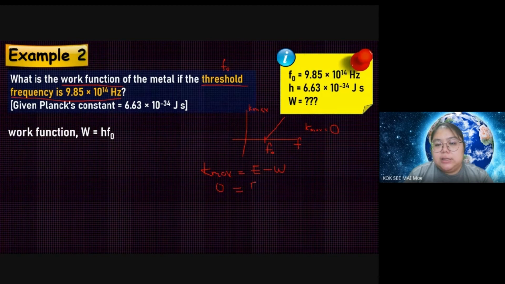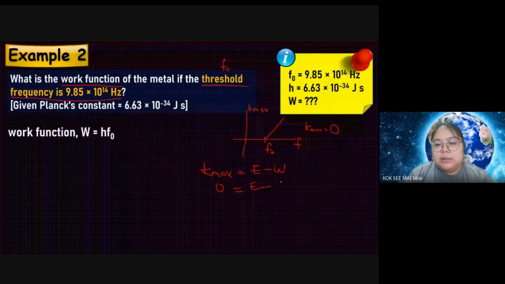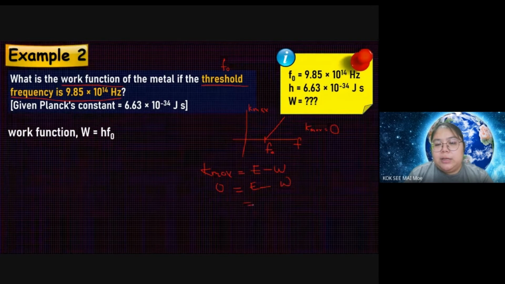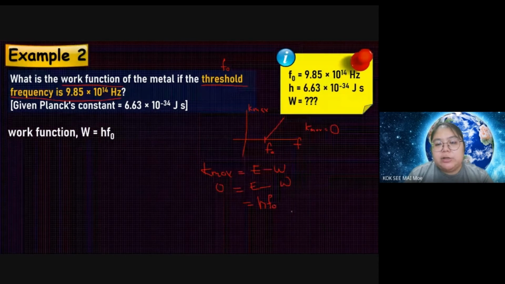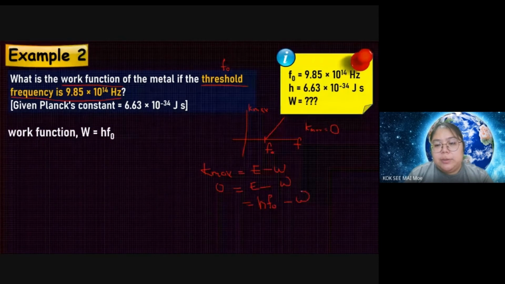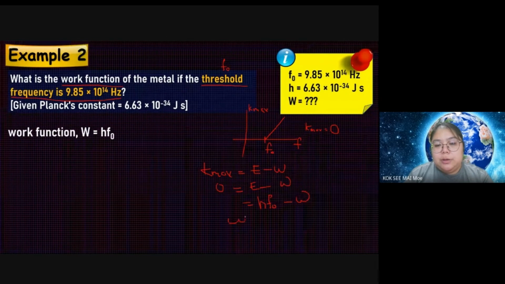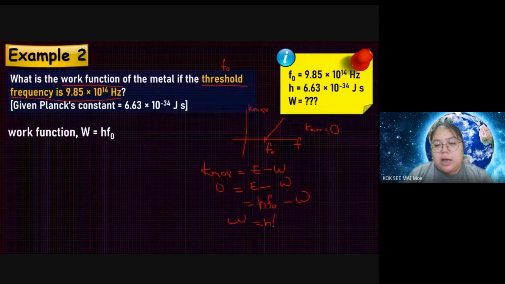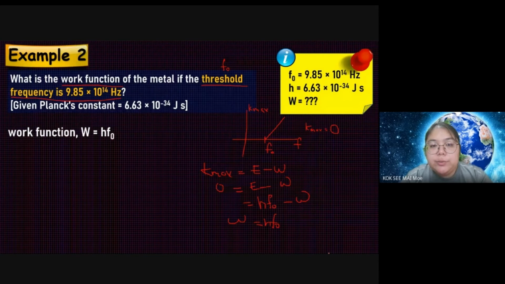So your answer is E minus W. E we normally take as hf, so for this situation, it is the threshold frequency, minus W. So W equals hf0.